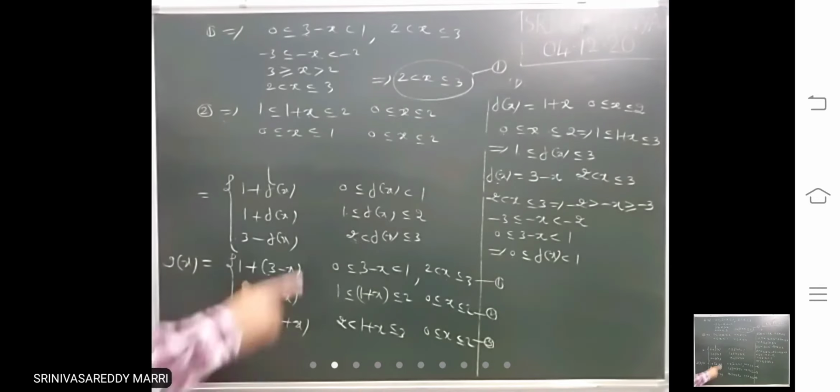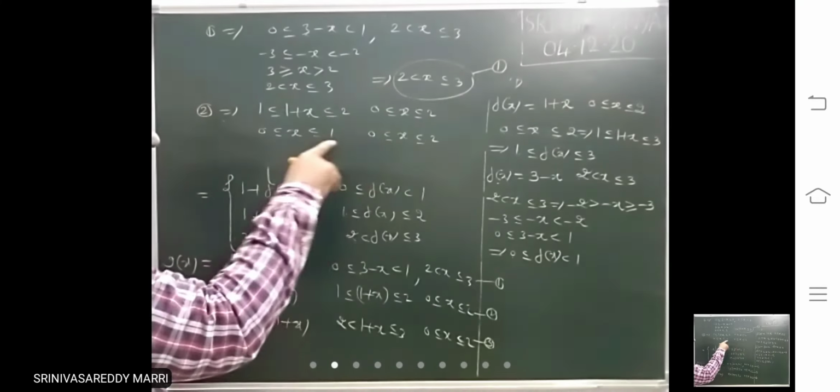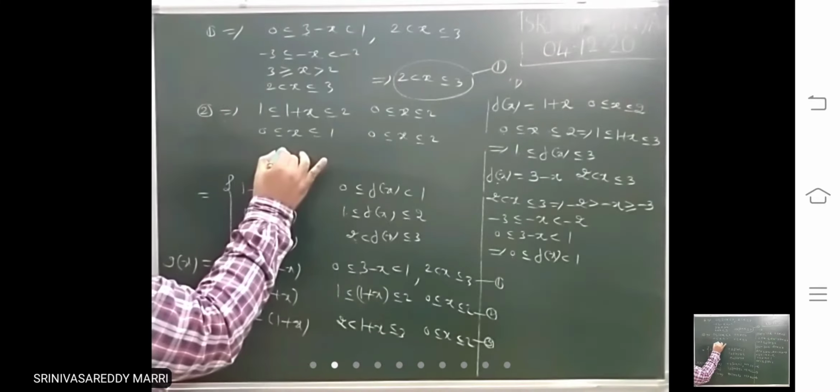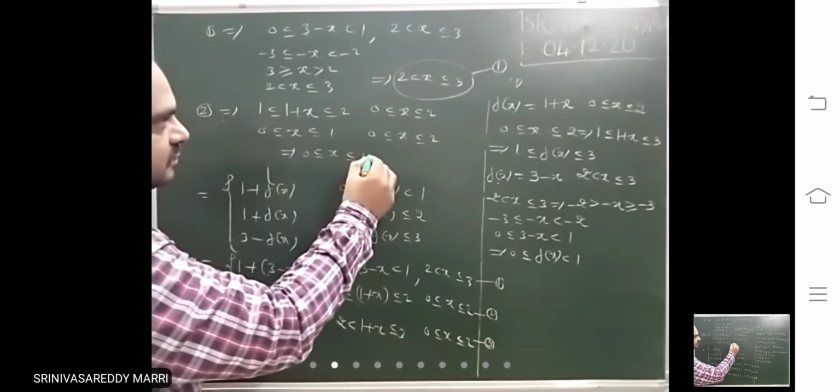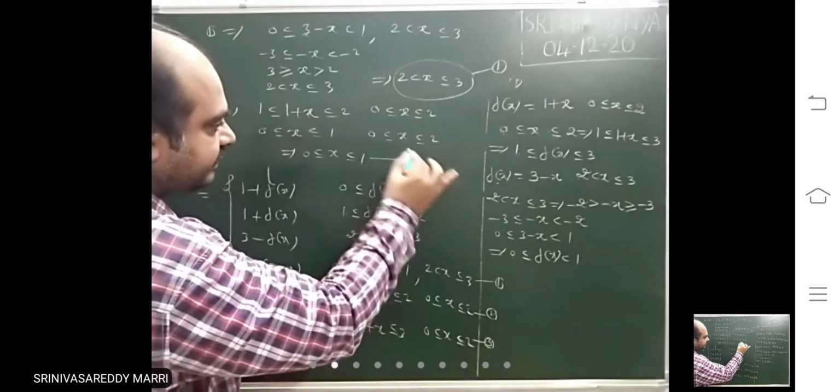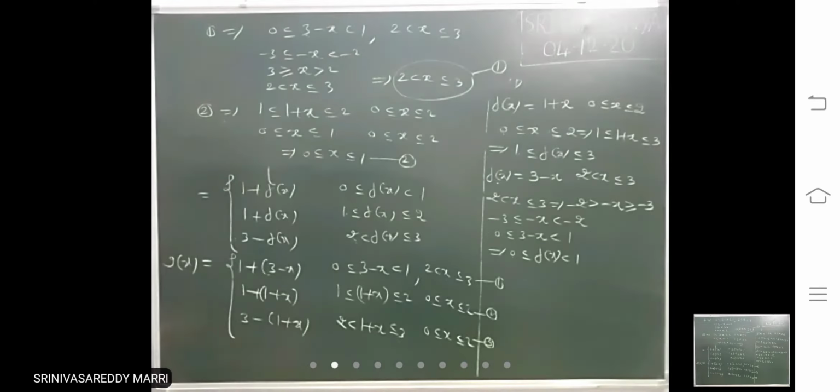Therefore this intersection, the common values to both, is 0 to 1. This gives the second interval.